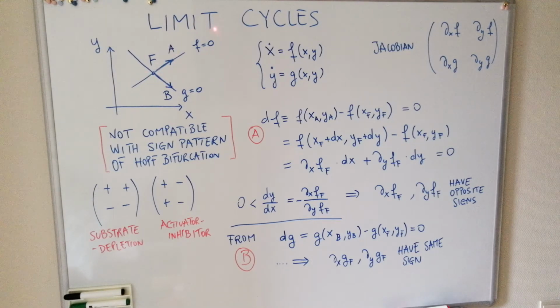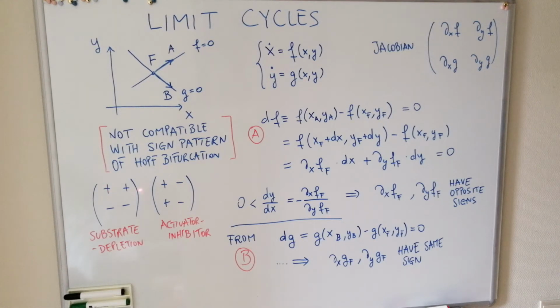null lines, f equal to 0 and g equal to 0, is not compatible with the sign pattern expected for Hopf bifurcation. For such a bifurcation, we have seen that there are two possible sign patterns. One is what is called substrate depletion, and the other one is what is called activator inhibitor.